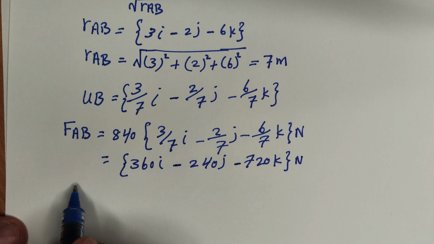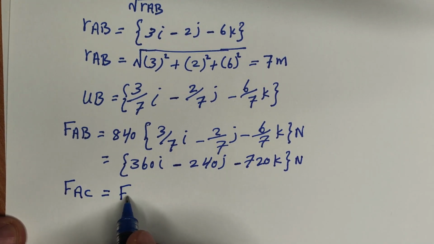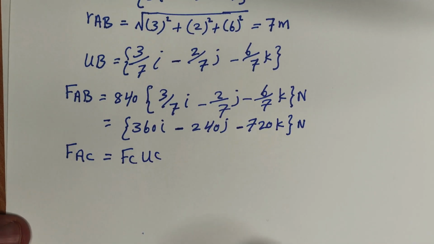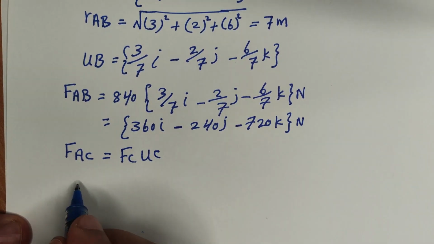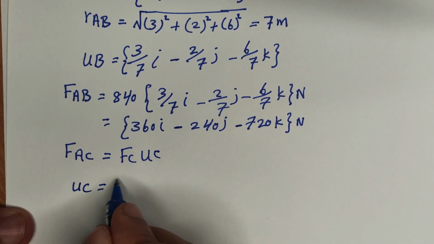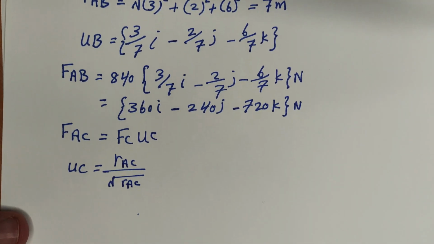We will do the same thing for the force FAC, which equals the force FC multiplied by the unit vector C. In this case we find UC first, which equals the position vector AC divided by the magnitude of that position vector RAC.